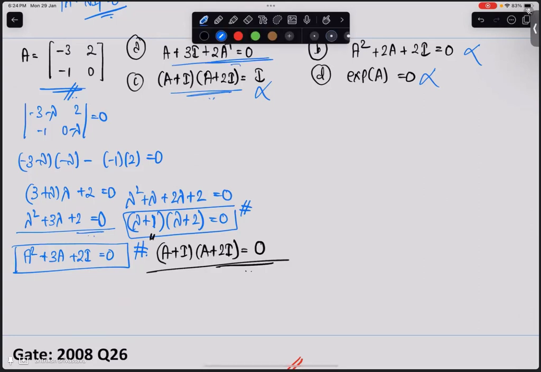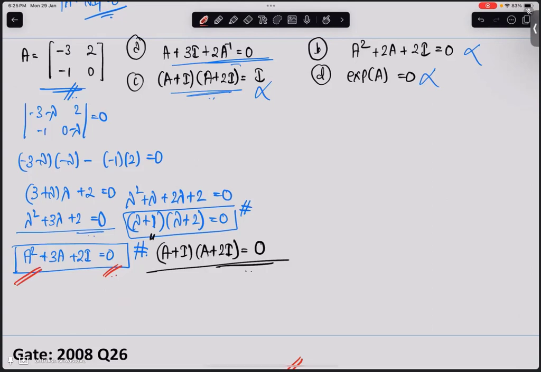So let us see, can we get this option A from this expression? So we have A square plus 3A plus 2I is equal to 0, but here we have A plus 3I plus 2A inverse is equal to 0. So you can already get a hint of what we are going to do here, right? We are going to multiply this expression with A inverse.